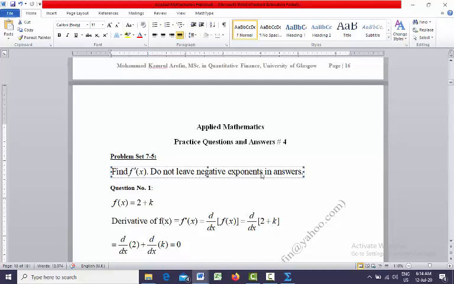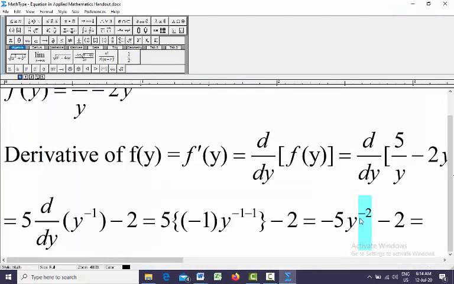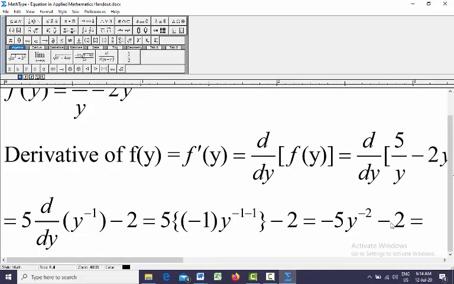You cannot leave negative power in your answer. So that means here we got a negative power in the answer. So negative power cannot be there in the answer. So we need to process it further. Right.